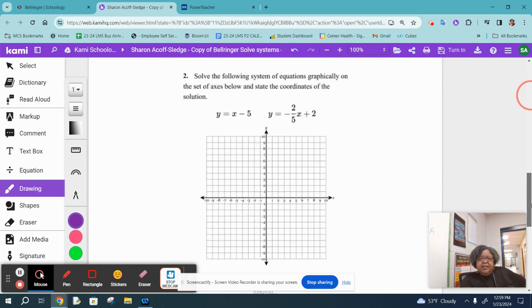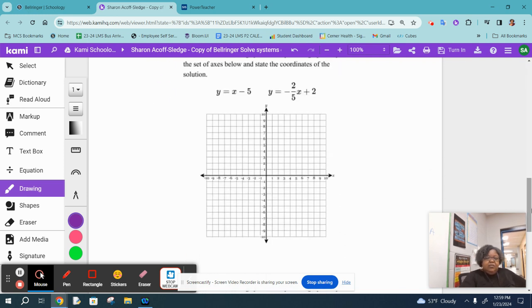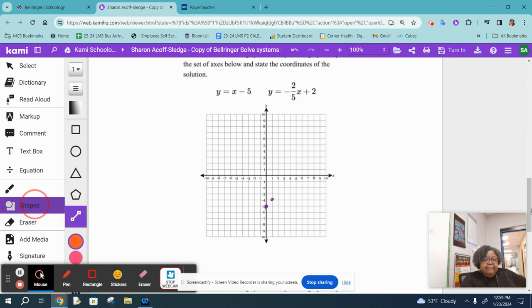Okay. So now let's look at this one. What is my y-intercept in this first equation? Okay. What is my slope? Okay. Wait a minute.